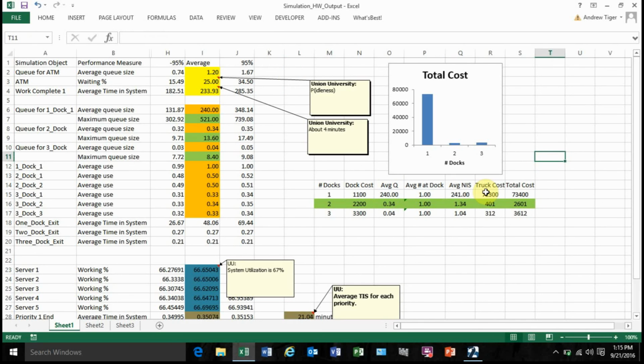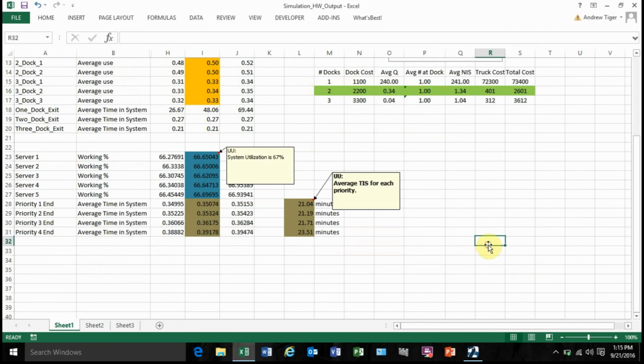But we've got an incredible amount of truck costs because we have lots of trucks in the system when you only have 1 dock, and the cost is real expensive. For 2 docks, it's cheaper, which is less than the cost of 3 docks. So in this case, 2 docks would be the best answer.